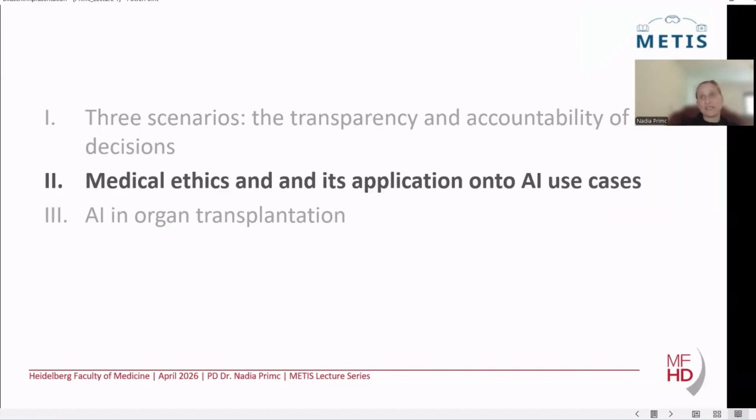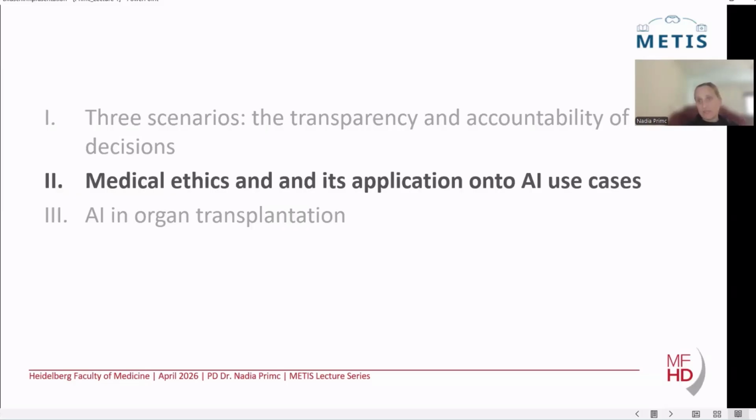And this is a question that is not unique to the ICU. It can also not be answered in a one-size-fits-all manner, because different clinical contexts generate different ethical questions.